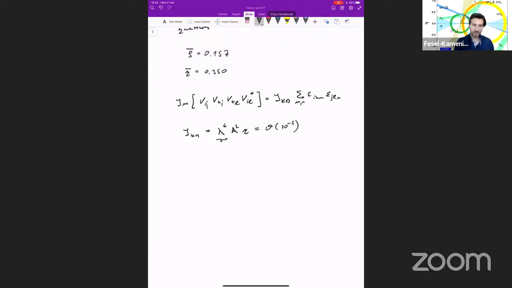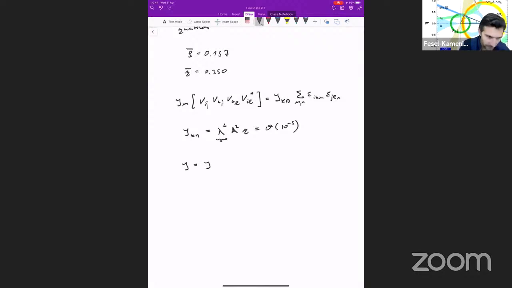Okay? So this is not yet the Jarlskog invariant of the standard model. Namely, to get to the Jarlskog invariant J, remember, this was the imaginary part of the determinant of the commutator of Y_U Y_U dagger and Y_D Y_D dagger, so the up and the down Yukawa matrices squared.